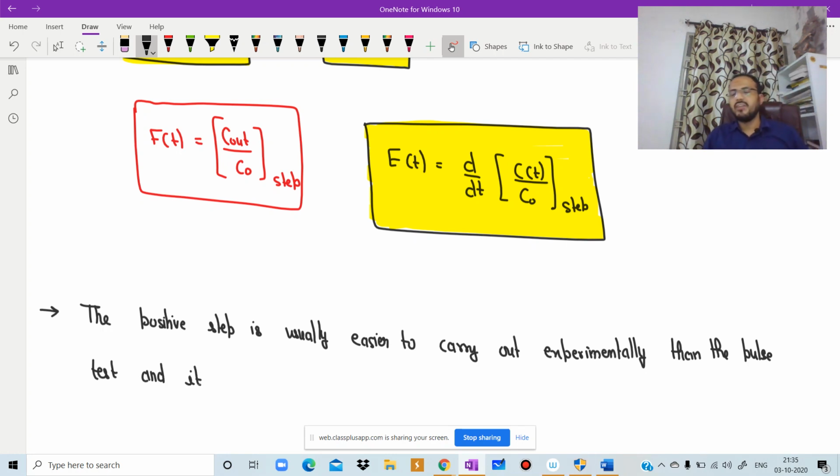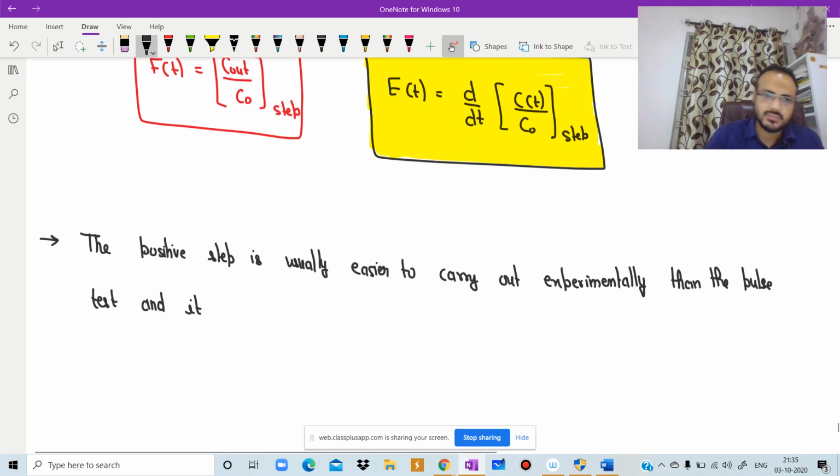And it has one more advantage: there is no need to know the initial amount of the tracer, but in the pulse test you need to know the amount of tracer.